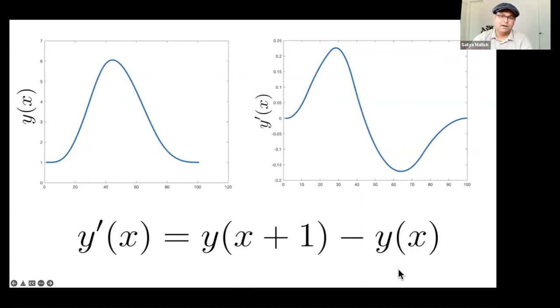This is not symmetric differentiation. You could also do y at x plus 1 minus y at x minus 1, divided by 2. That would be central differencing. But this is the basic idea that you take a small step and find the difference.